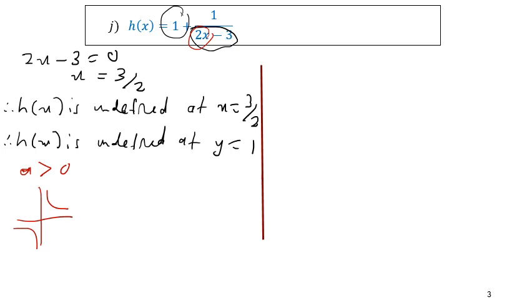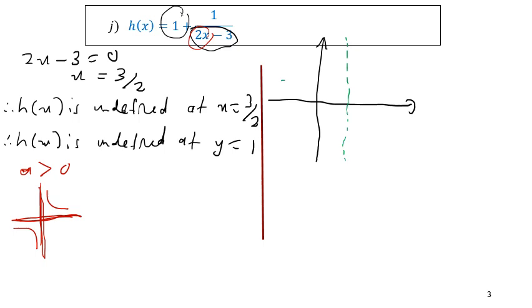And we already found out where the function is undefined: x equals to 3 over 2 at x, and y equals to 1 at y. So we put together all these values into our graph. So this is our graph, right? And then x equals 3 over 2. So we show the line x equals 3 over 2 and y equals to 1 here.